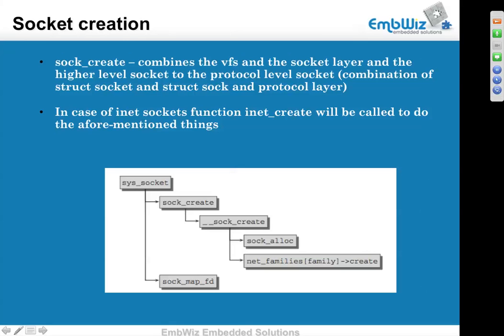Then the last structure we talked about, net_proto_family, its create is called here, finally using the function pointer. If it is the inet socket, it will point to inet_create here.